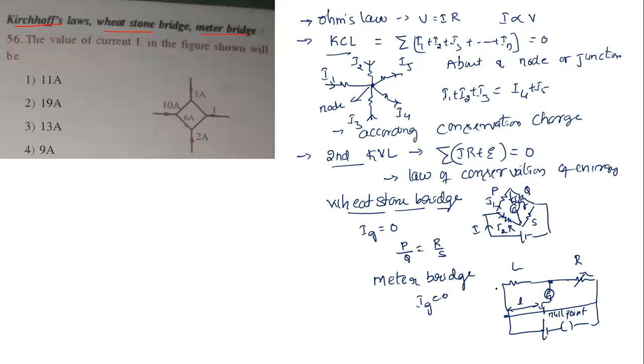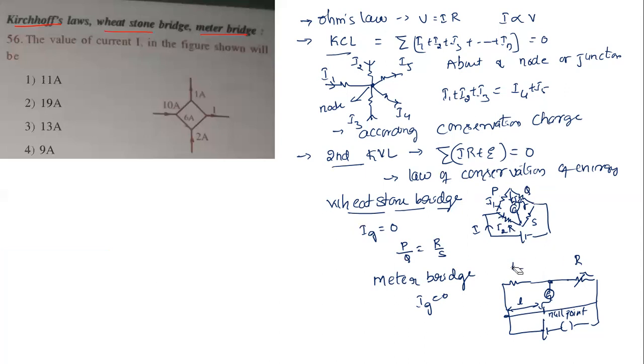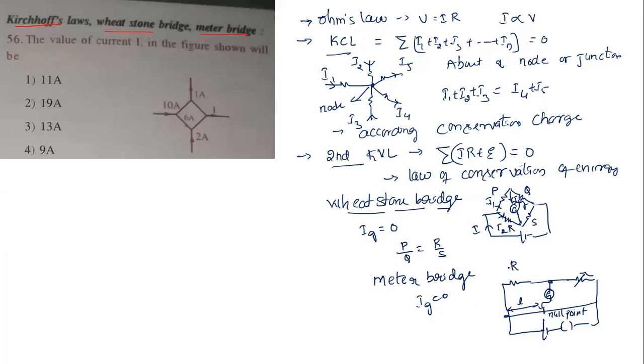Usually we write the formula if there is a resistor. Let me remove this left gap, right gap. In the left gap, we connect the unknown resistance of wire, and in the right gap we use the standard resistance. We write the formula R by S equal to L by 100 minus L. This formula is used in the lab also: R equal to S into L by 100 minus L, in ohms.